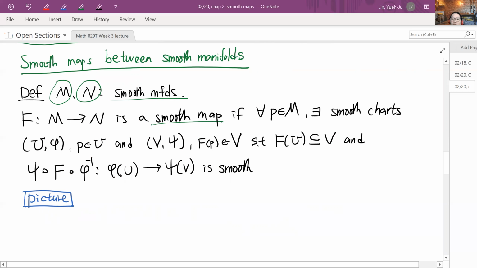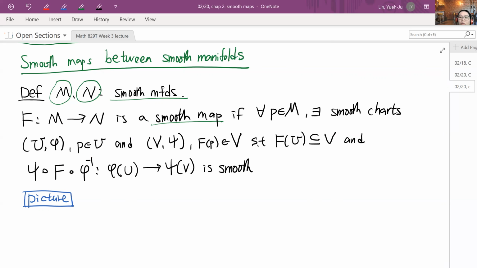The same idea, right? Back then, because the target is R^k, we just left R^k as it is. But if it's between two manifolds, then you need to compose both sides. You need to compose the coordinate charts so that eventually it becomes a function from one Euclidean space to another.